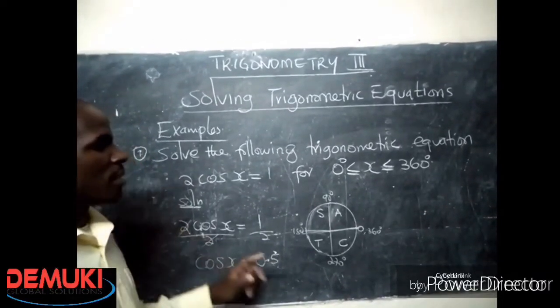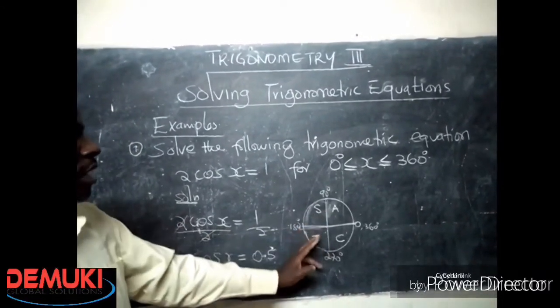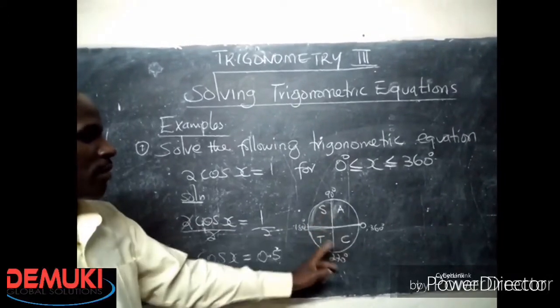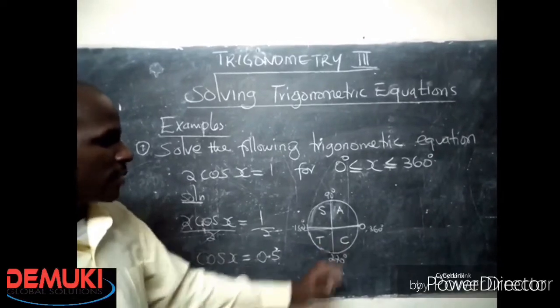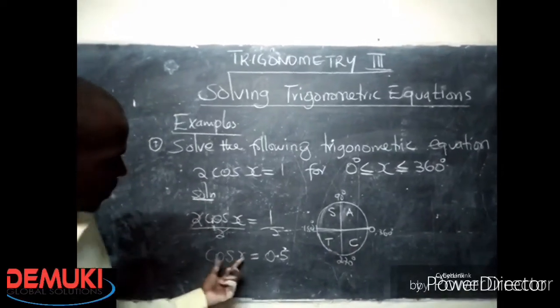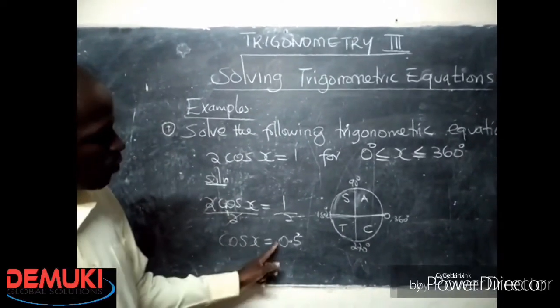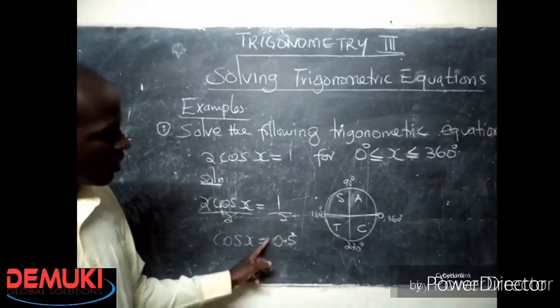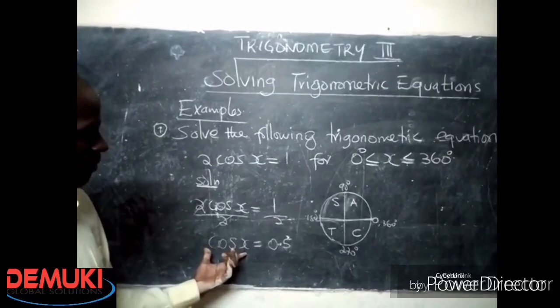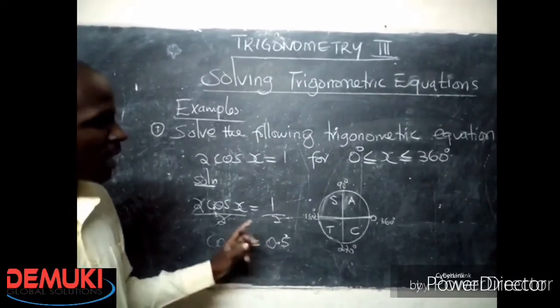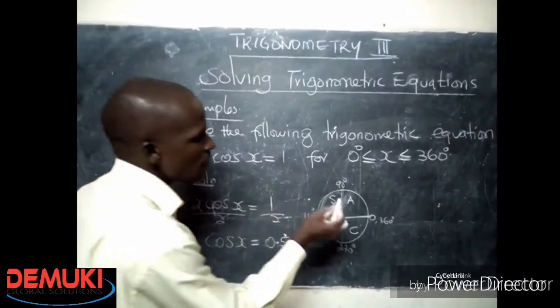Usually the abbreviation is "Add Sugar To Coffee" to make it easy. So here is A, S, T, and C. Now here is a point. We have a cosine which is equal to positive 0.5. We don't know the value, but it is a cosine. That tells us where to place the acute angle we get.